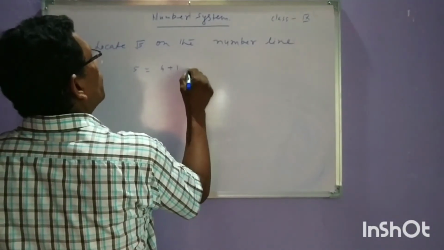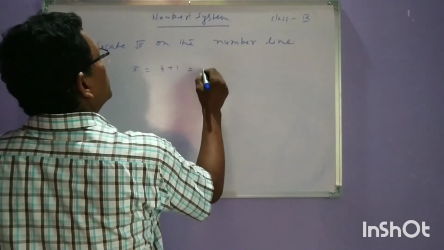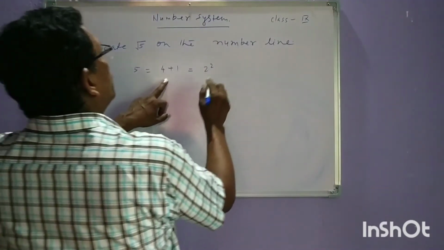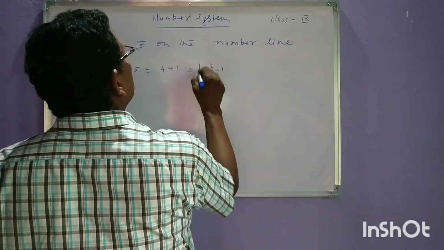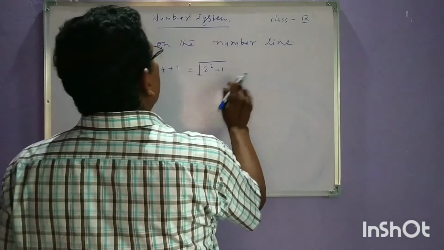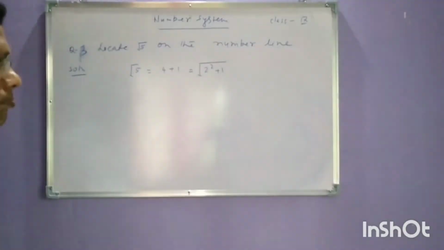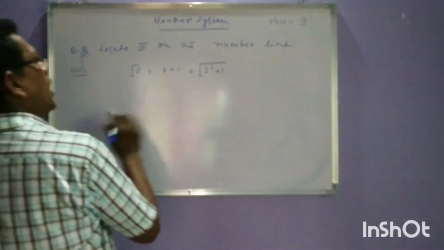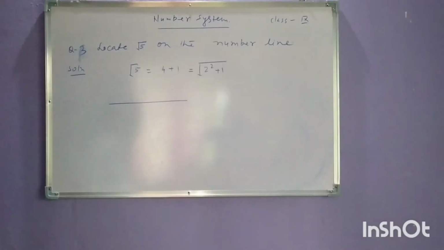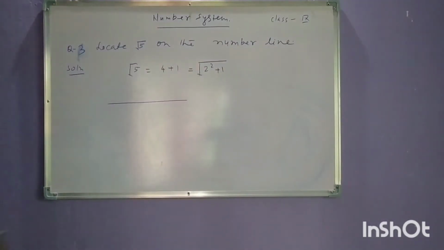Now, 4 plus 1, 2 square for 4 and plus 1. So root 5 can be represented in this form. Now we draw a number line.